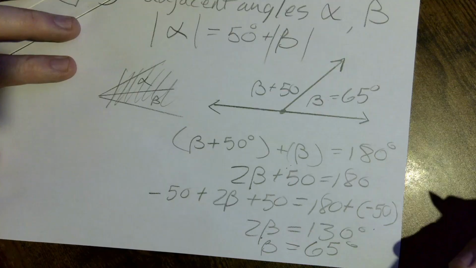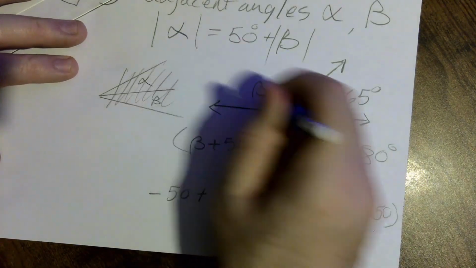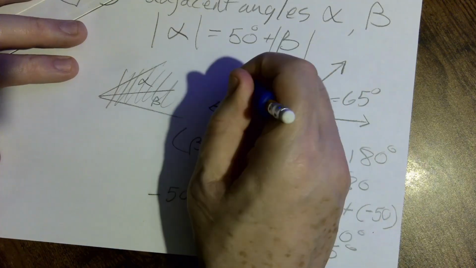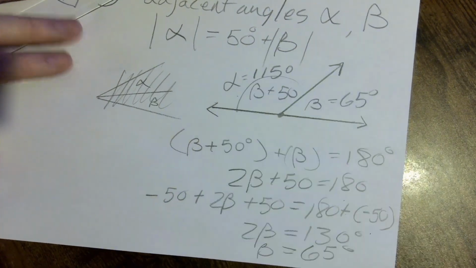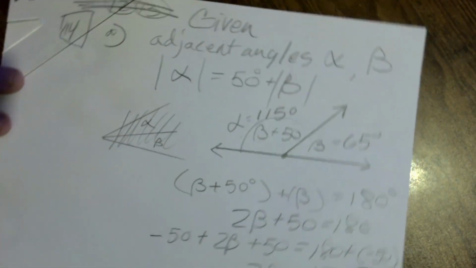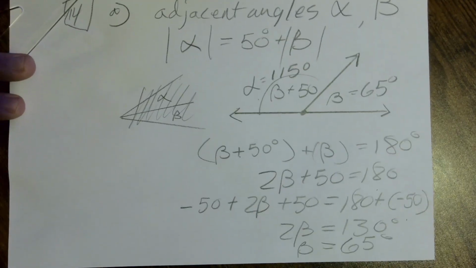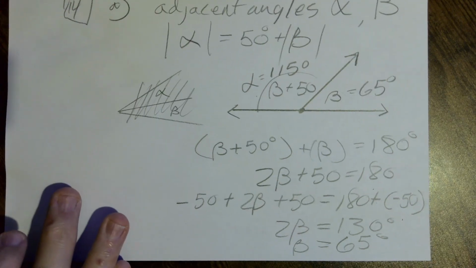That's beta. And alpha is 50 plus that. So alpha, this angle here, is 115 degrees. That's 14A.